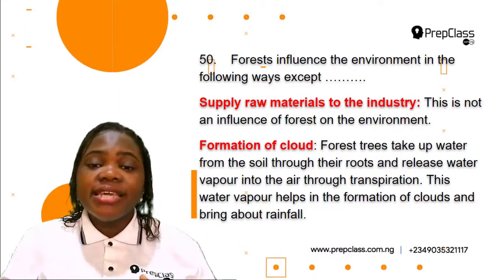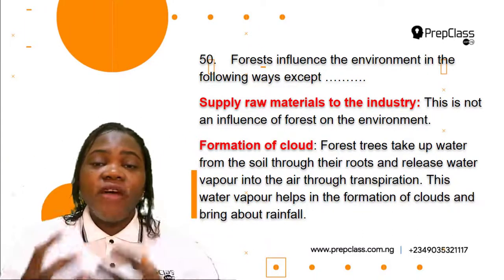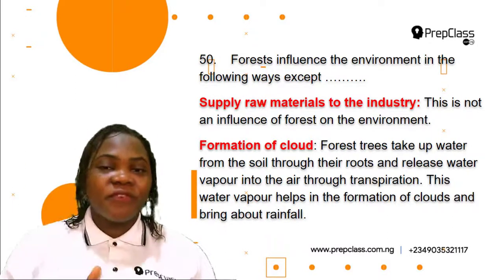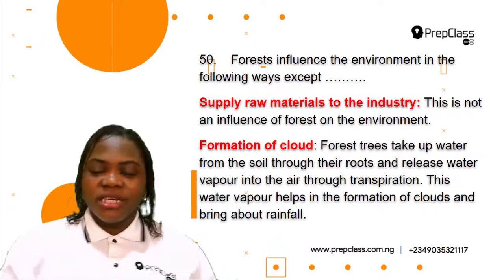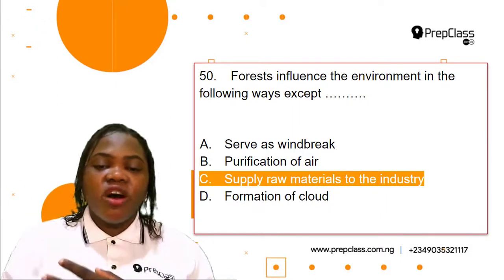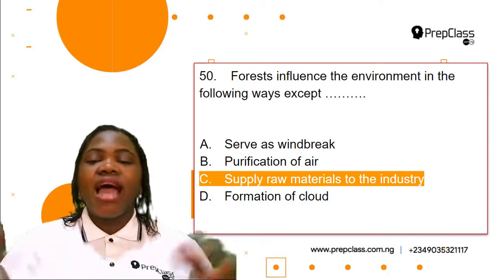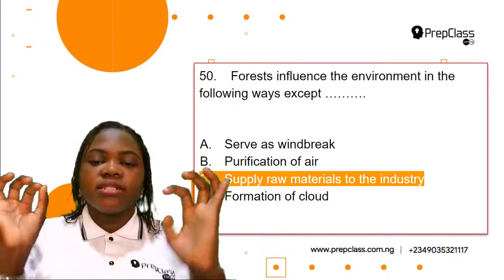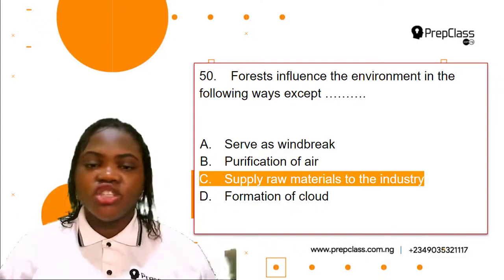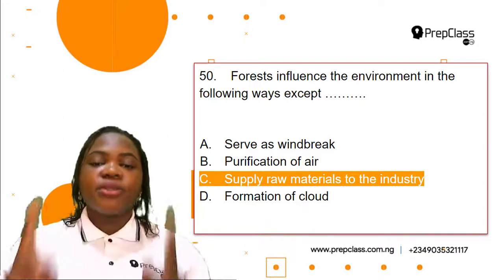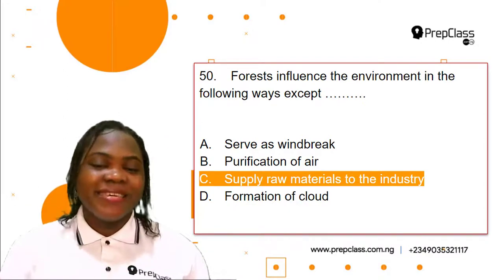So you can see that forests help to attract rainfall. Okay, so it's very important for us to keep forests. So serve as windbreak, purification of air, and formation of cloud are all forest influences on the environment. But supplying raw materials to the industry is not a forest influence on the environment. So here the correct option is C.